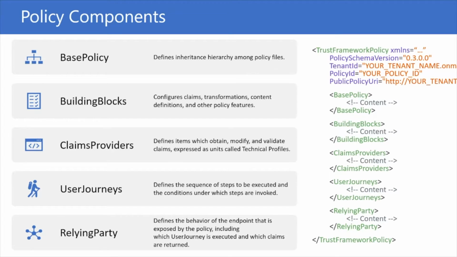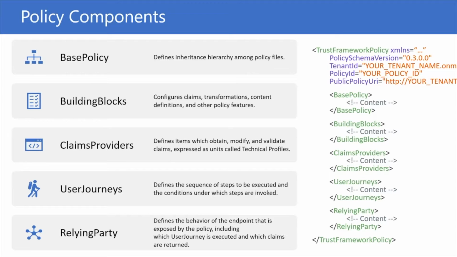Some of these sections include the base policy section, which defines an inheritance hierarchy among multiple policy files. There's a building block section. In there, you configure your claims transformations, your UI content definitions, and other policy features that are the core definitions of the policy.